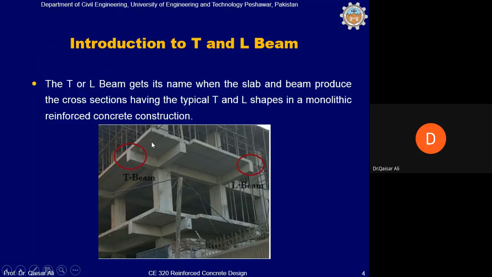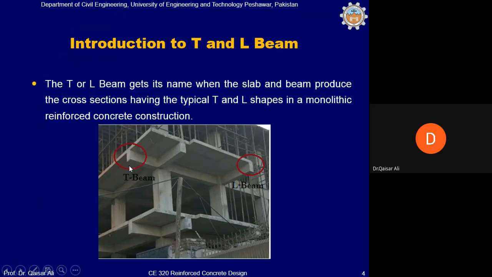You would have seen in one of my animations in the beginning that the concreting in beams and slab is done at one and the same time, and the stirrups of the beam are projected into the slab, and the slab reinforcement passes through the reinforcement of the beam.